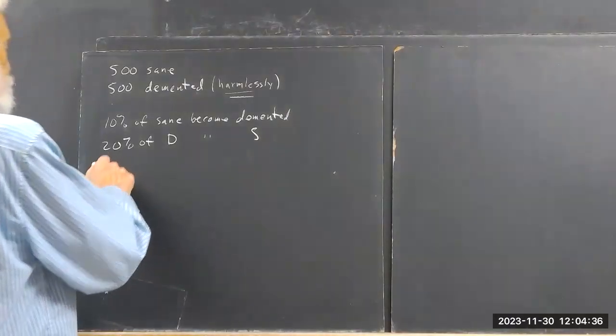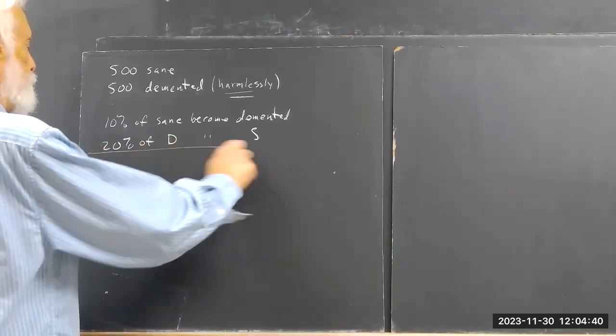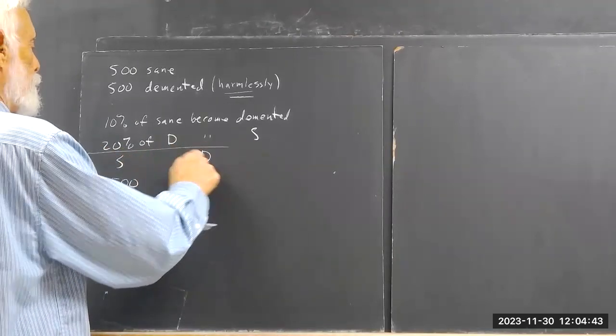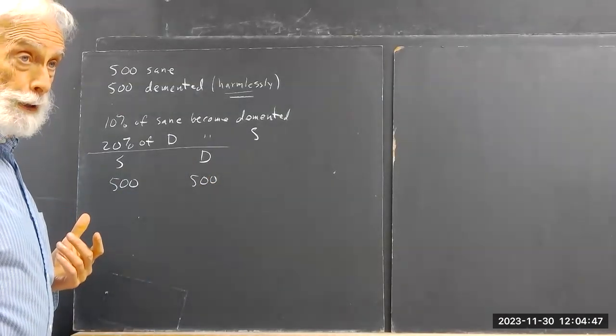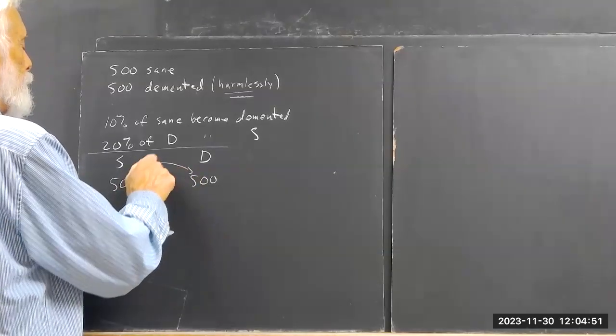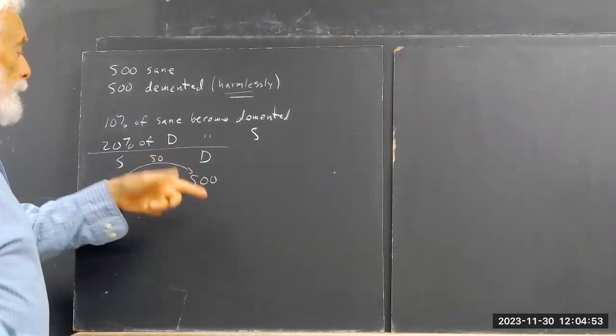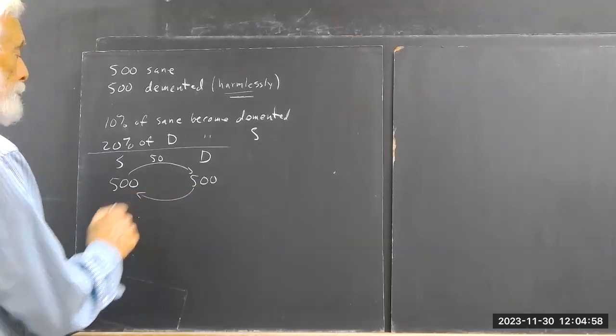Okay, so you got 500. This will be number of sane people, and 500 your number of demented people, right? So you have 50 sane people becoming demented. How many demented people become sane?